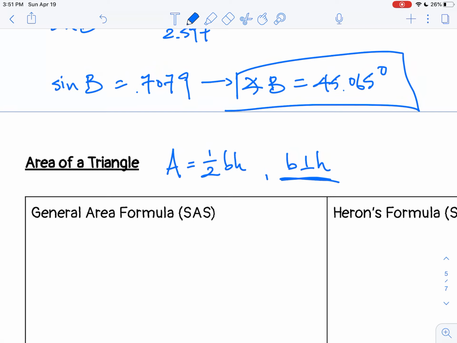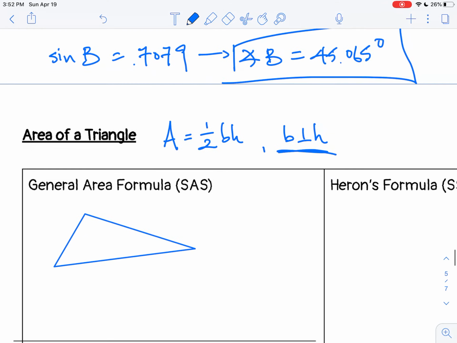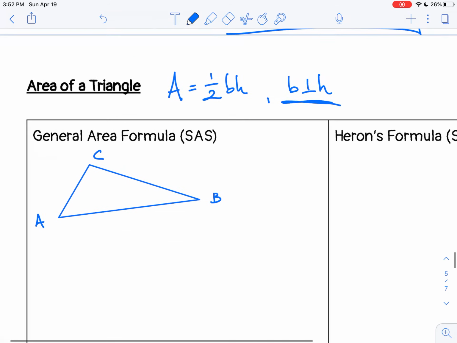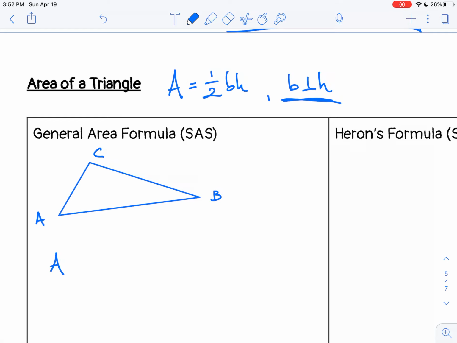So for any triangle, let's get our very generic triangle up here. It's oblique, it's not right. We could have A and B and C. It turns out that if you take, let's say, little a times little b, we've got little a over here, little b over here.